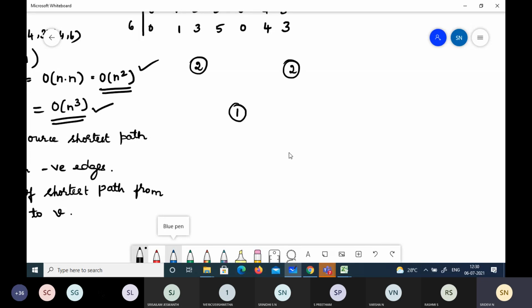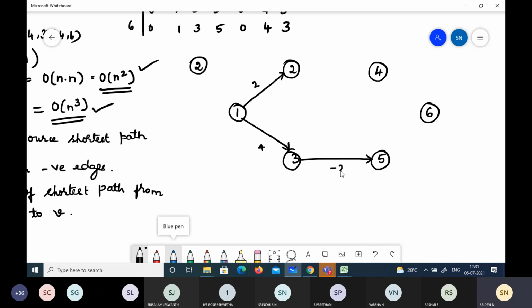Vertices 1, 2, 3, 4, 5 and 6. So we have a path between 1 to 2 with the cost of 2, 1 to 3 with the cost of 4, 3 to 5 with the cost of 2, 5 to 6 with the cost of 6. Then we have 2 to 3 and the cost is -3.